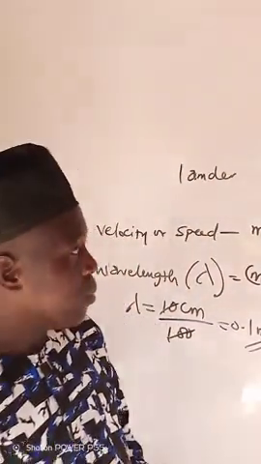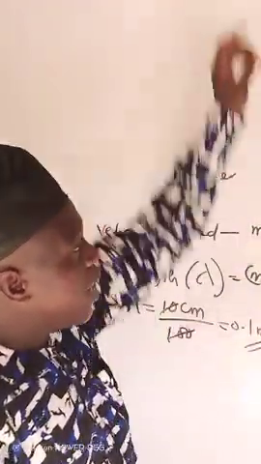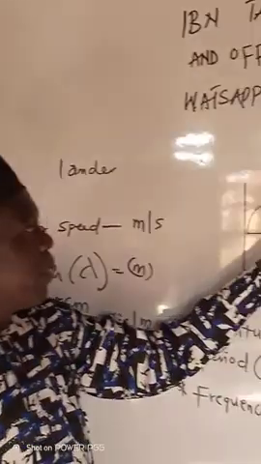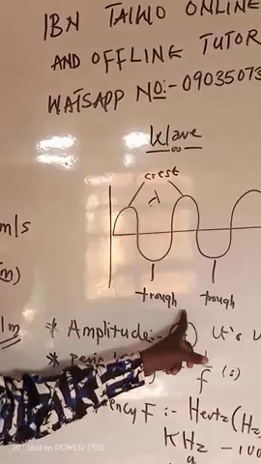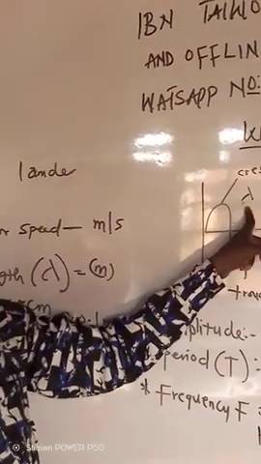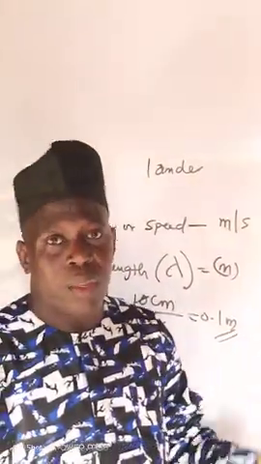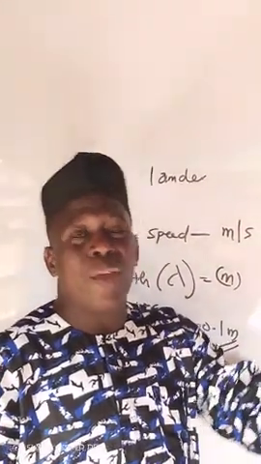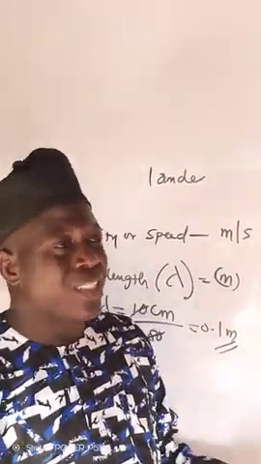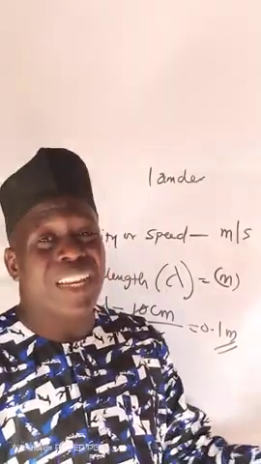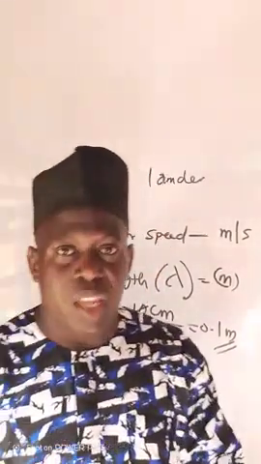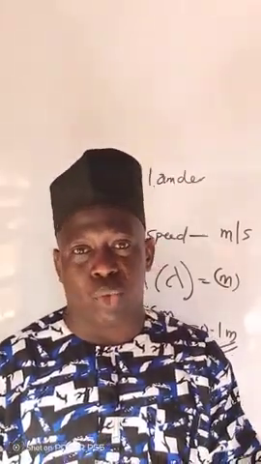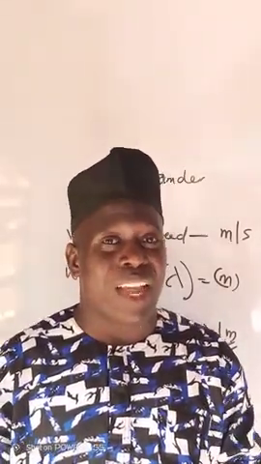Second thing: when I was talking about the distance between two successive crests or two successive troughs, it's called wavelength. In a question you can come across it. They might not say that your wavelength is given; the question can say, find the distance between two successive crests or two successive troughs. What are they trying to say?